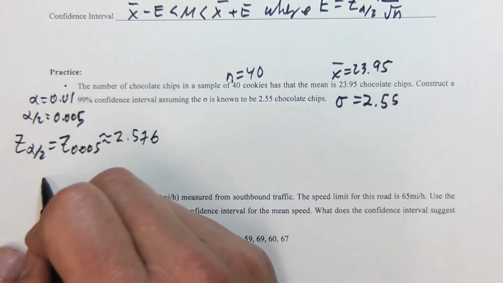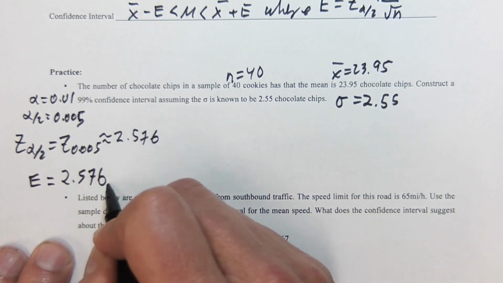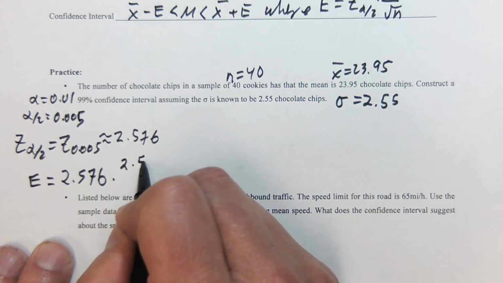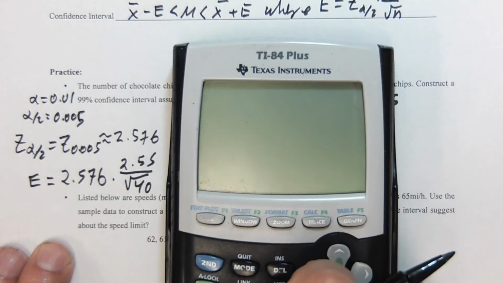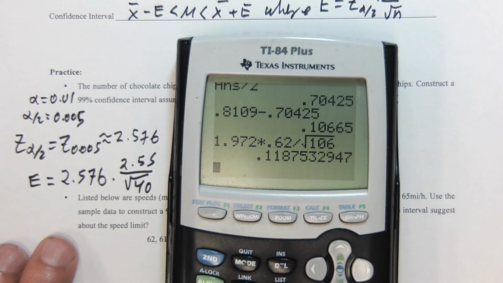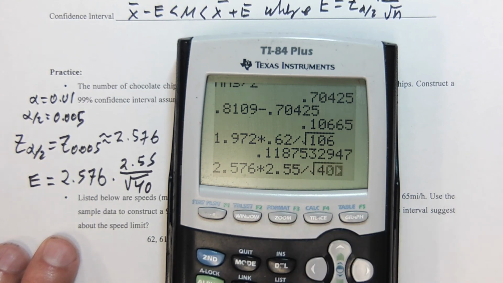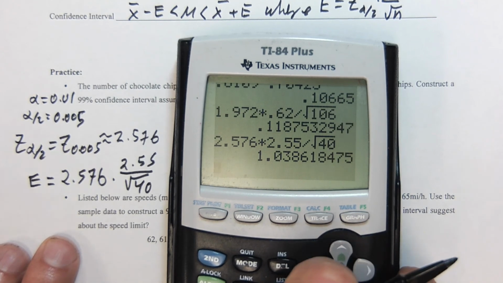And estimating E is going to be 2.576 times sigma, which is known, 2.55, over the square root of 40. 2.576 times 2.55 divided by the square root of 40 is 1.0386.